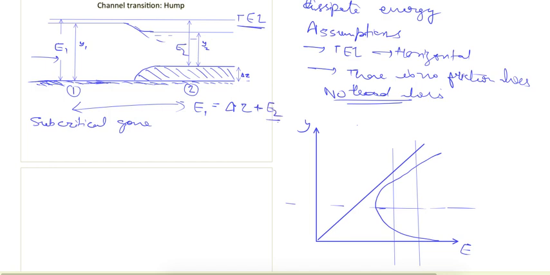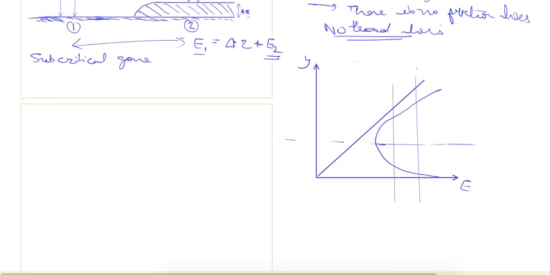So here E2 is less than E1, only then these two can be equal. So from here in the specific energy diagram we can see that this is the specific energy at section 1 and this is the energy reduction in section 2, and this will be the height of the hump.